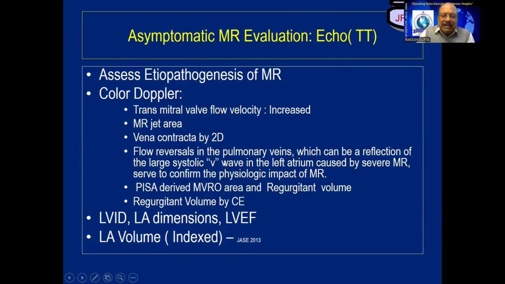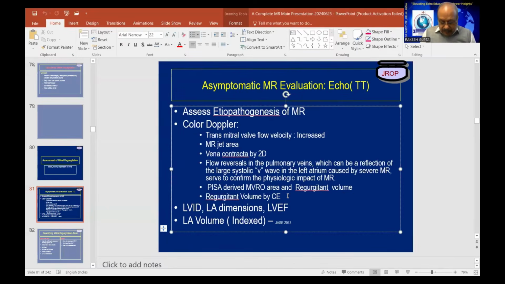Flow reversal in the pulmonary veins, severe. Truncation versus reversal. Then regurgitant volume quantification, more than 60 ml. And the mitral aortic velocity integral ratio, MAVER, is more than 1.4.